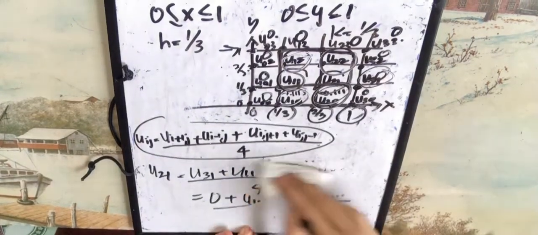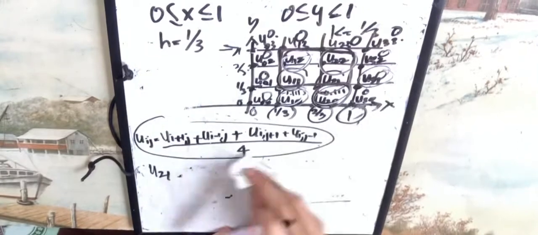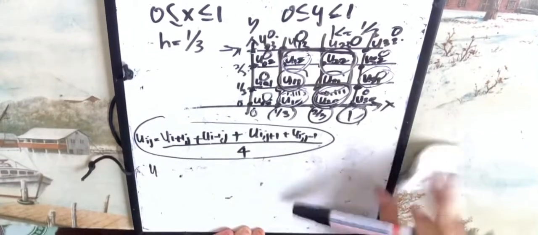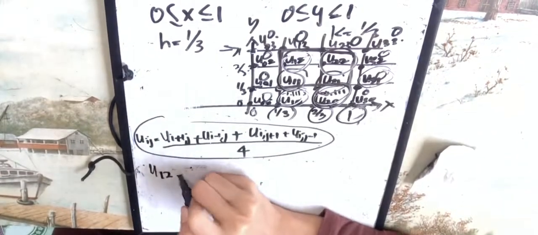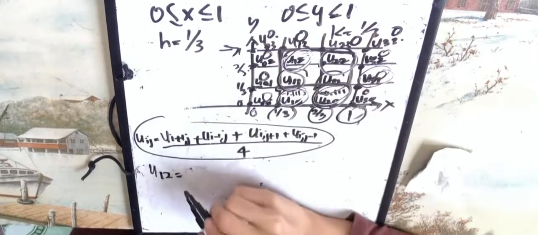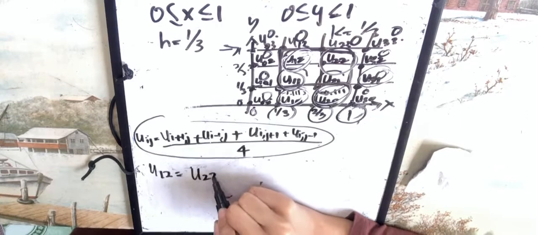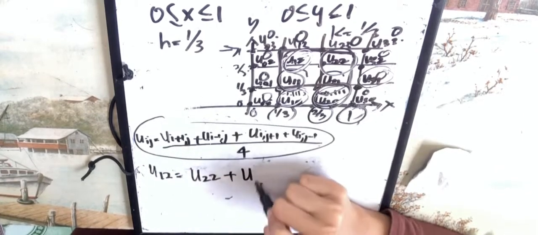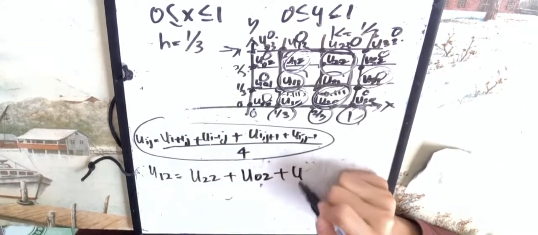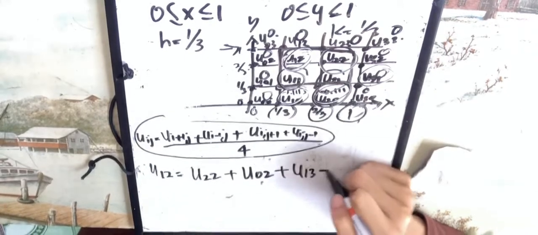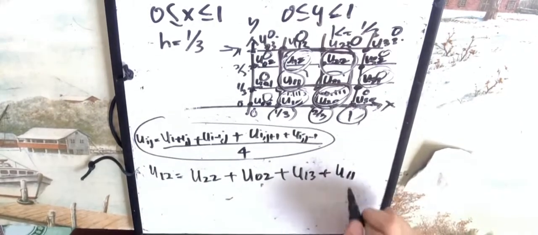The third point here is u12. The same thing. So i here is 1, so you have u22 plus u02 plus u13 plus u11, divided by 4.